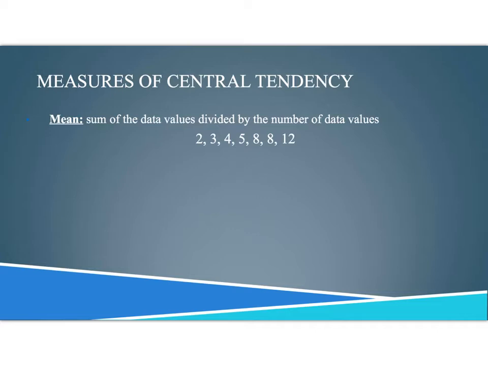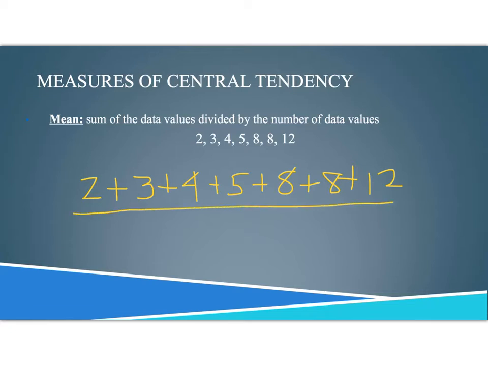If we find the sum by adding these up, we end up with 2 plus 3 plus 4 plus 5 plus 8 plus 8 plus 12. So I just added up all the data values.